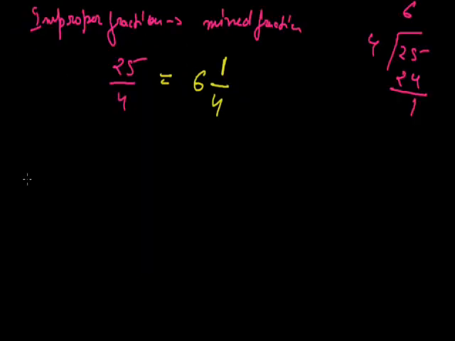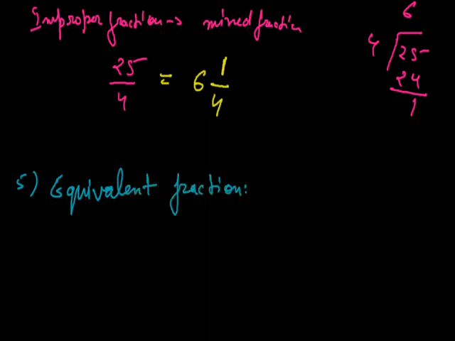Next is the equivalent fraction. If the numerator and the denominator of a fraction are multiplied or divided by the same non-zero number, then we get an equivalent fraction. For example, 1 by 2 is a fraction.